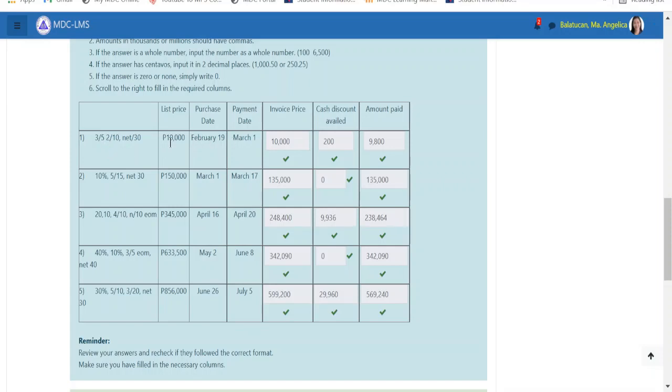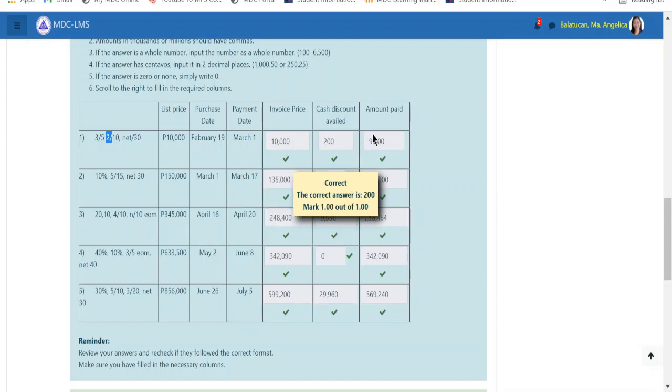But since it's not on February 24, then you cannot avail the 3% discount. Next, let's check 10. So 19 plus 10, that would be 29, but we only have 28 days for February. So therefore, March 1. Since the payment was on March 1, we can avail of the discount equivalent to 2% of the invoice price of 10,000. So that is 200.